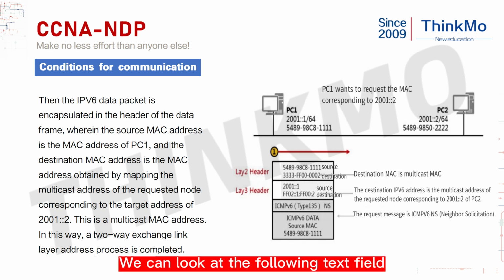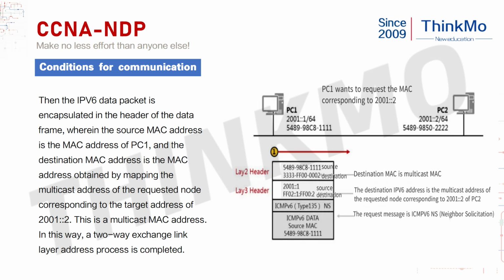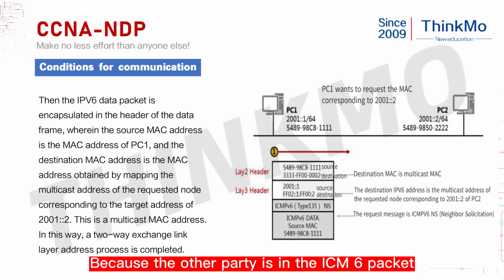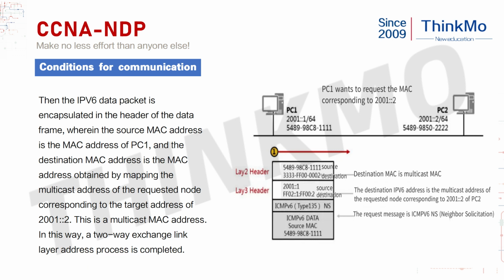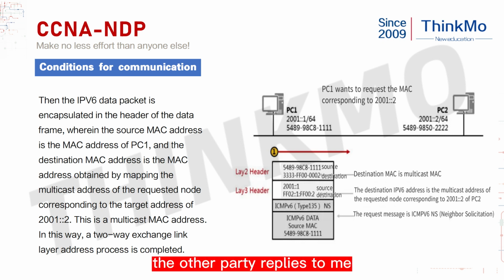We can look at the following data field of this NA packet. I'm going to encapsulate it on my side. I got the MAC address, because the other party has already carried it in the IPv6 packet. Then the NA packet that the other party replies to me has 3 layers of encapsulation. First of all, we need to get a general idea.